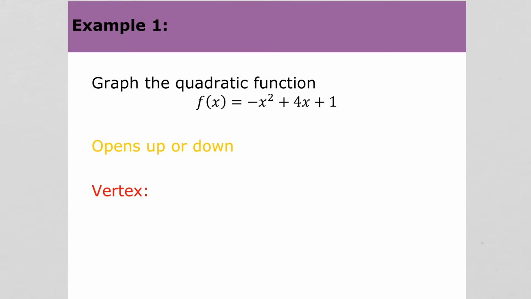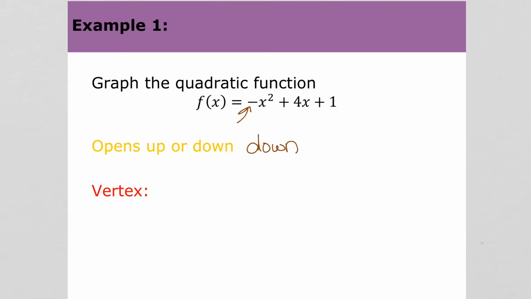The first thing we want to do is determine if this graph opens up or down. The value of a determines whether it opens up or down. If a is positive, our graph is going to open up. If it's negative, it's going to open down. And so since we're negative here, then our parabola is going to open down, meaning that the vertex is a maximum.